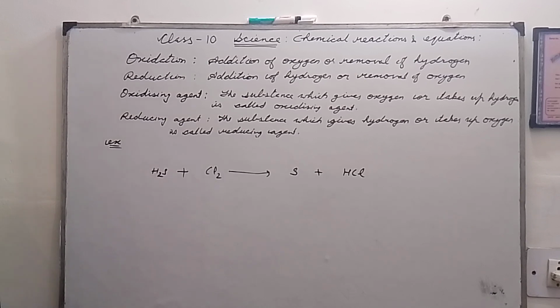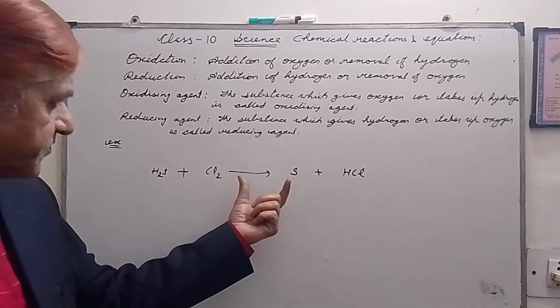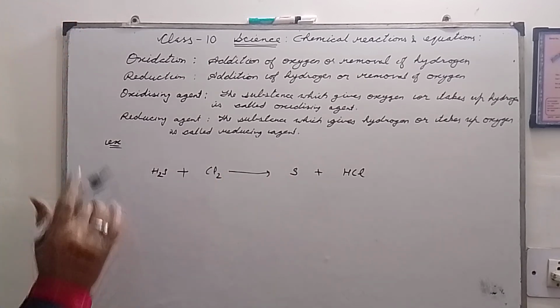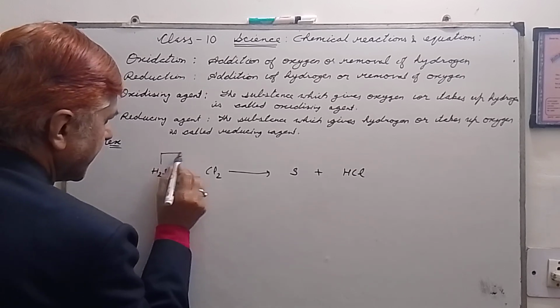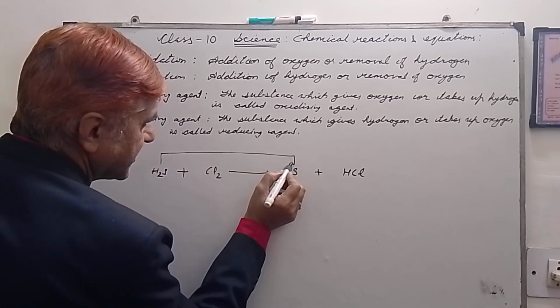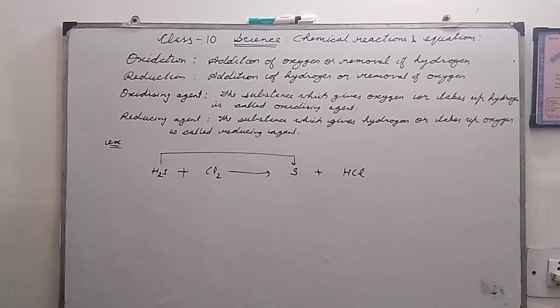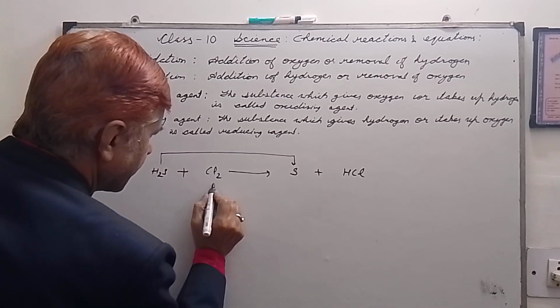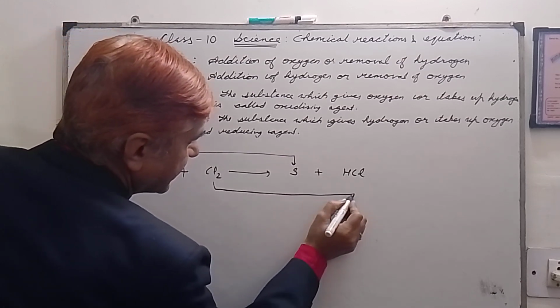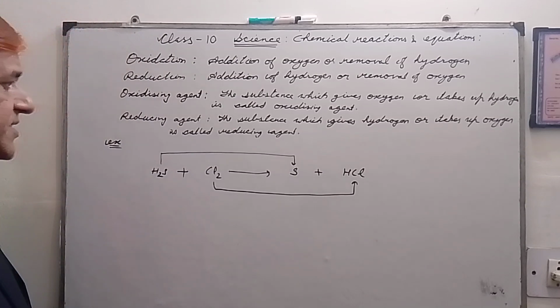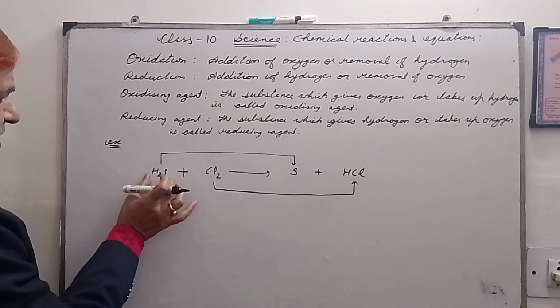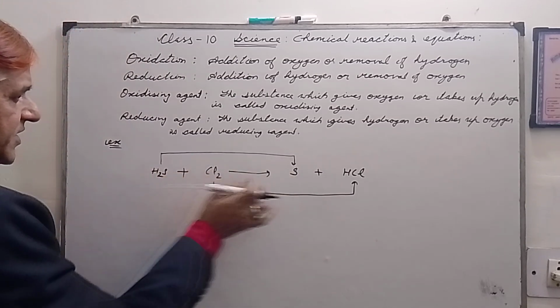Now this is again an example of oxidation and reduction reaction. So H2S is changing into S and Cl2 into HCl.